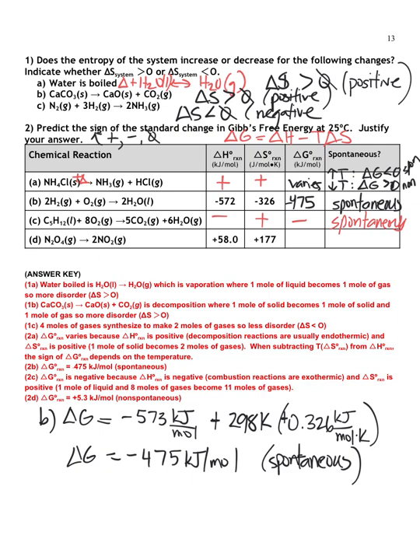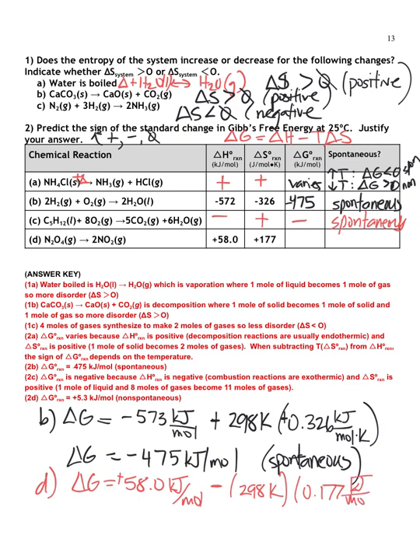Calculating for D. In D, delta G equals 58.0 kilojoules per mole, and then I'm going to subtract 298 Kelvin times 0.77 kilojoules per mole times Kelvin.